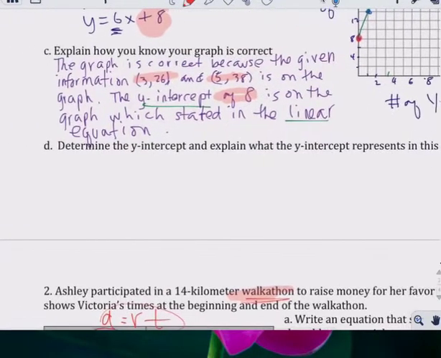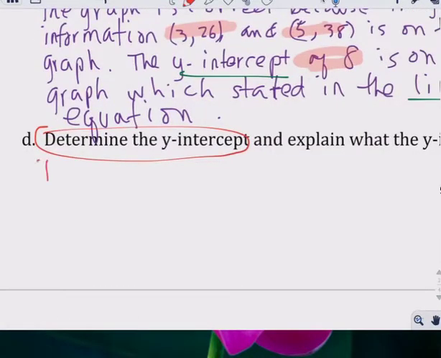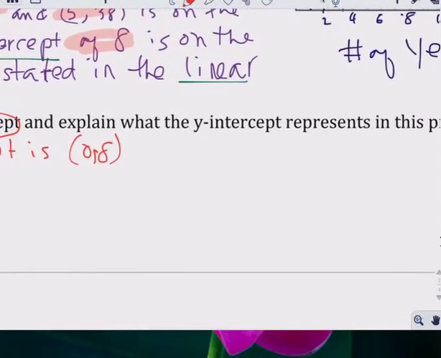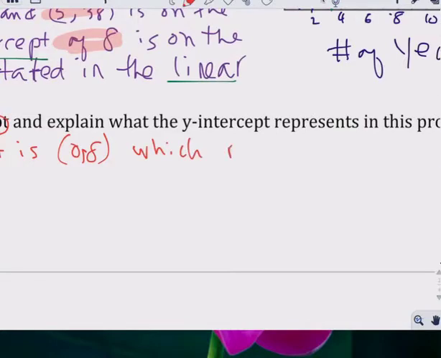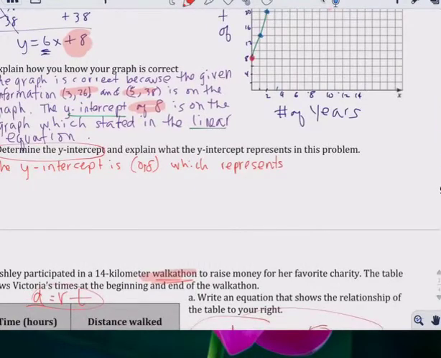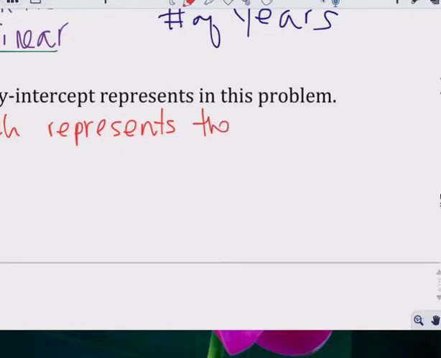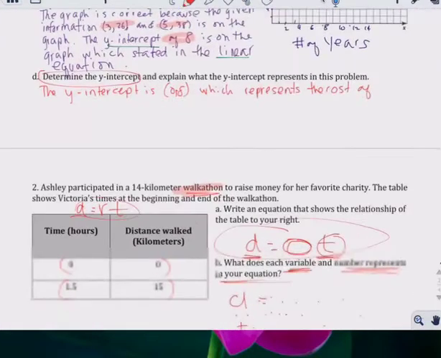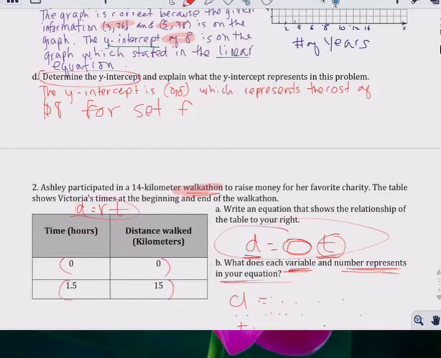Well, the y-intercept is 0, 8, which represents 0 years, $8, the cost of $8 for probably a setup fee or an initial fee of some sort, because it's 0 years. To enroll or something. Could be something like that.